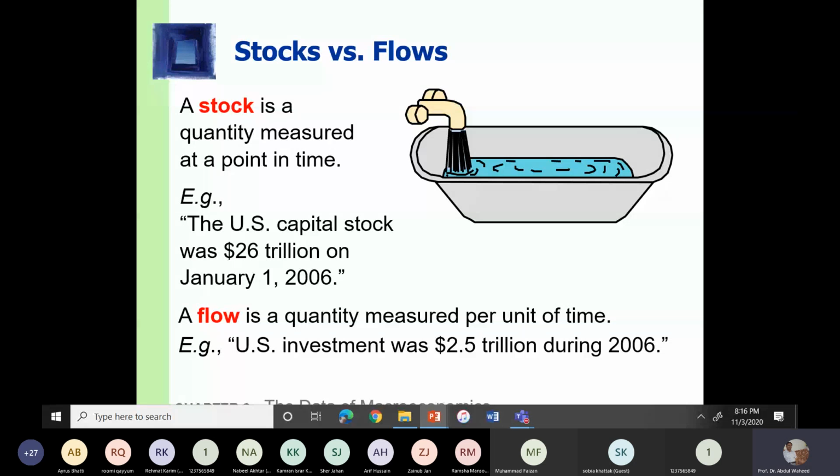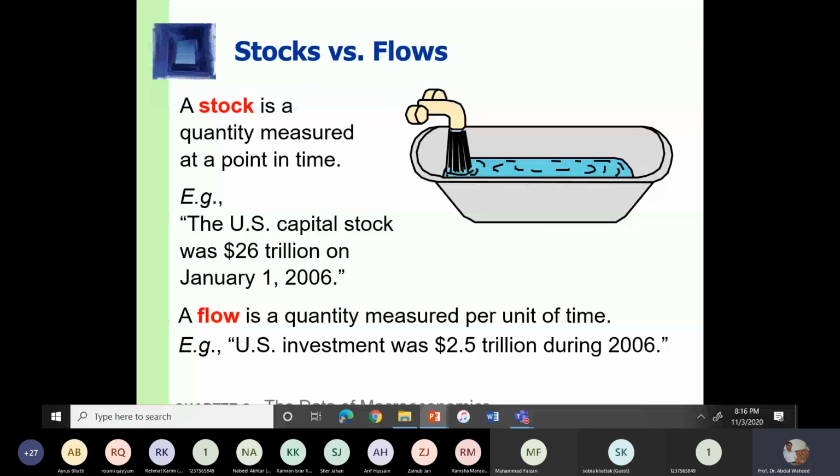Do you think the stock will change? No, sir, stock will remain the same. Yeah, then there will be no change in stock. So for the stock to increase, the rate of flow should be more than the rate of leakage. Then your stock will increase. So that's why we say that investment is a flow, capital is a stock.